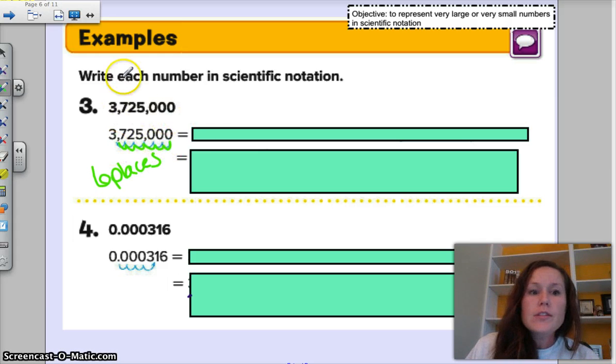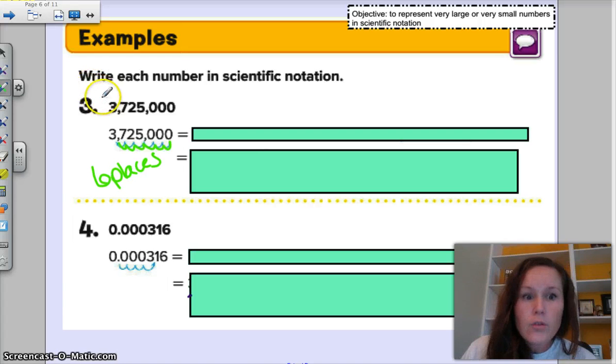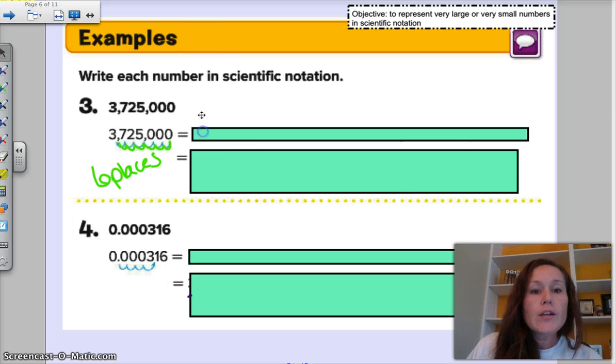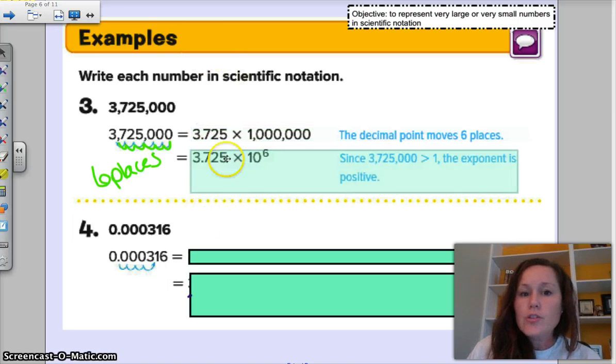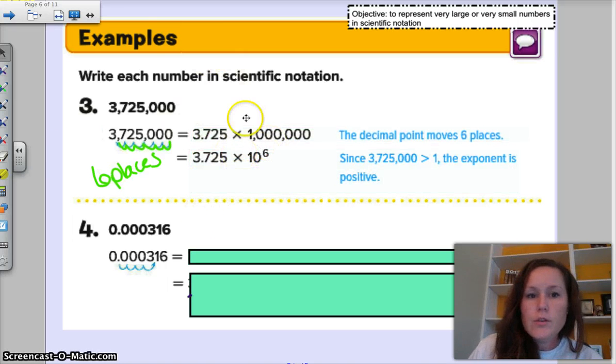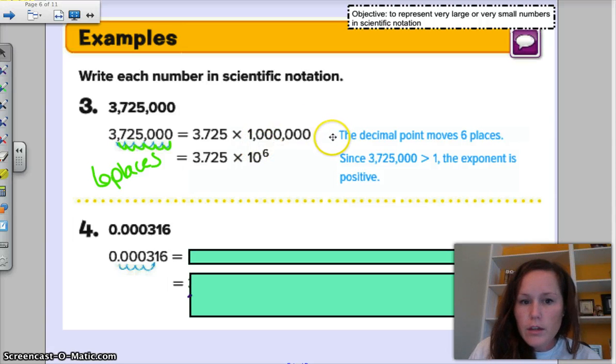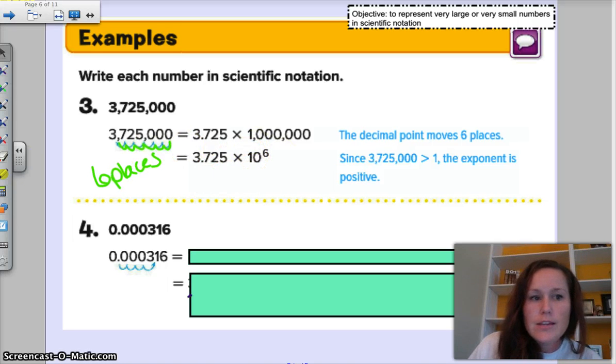I know that this number is larger than 1, and so I know that my power is going to be positive. So they've multiplied 3.725 by 1 million, which can be represented as 10 to the 6th. So this is my final answer right here in scientific notation.